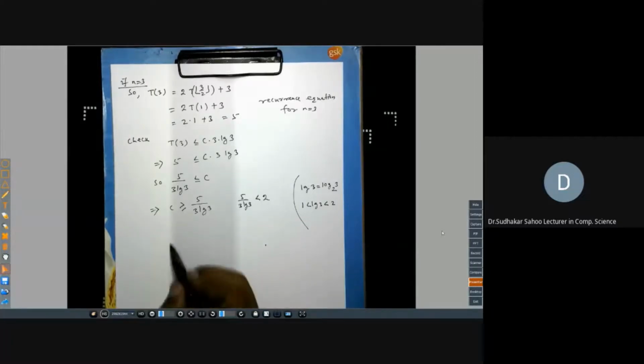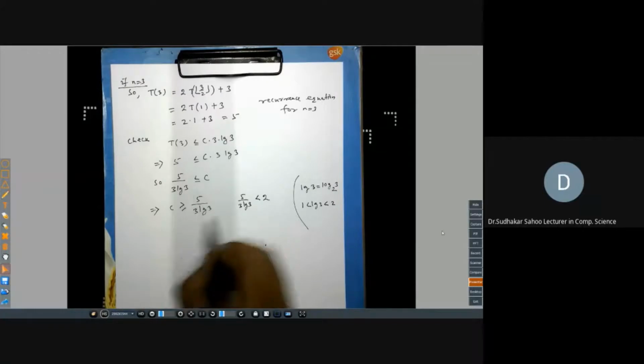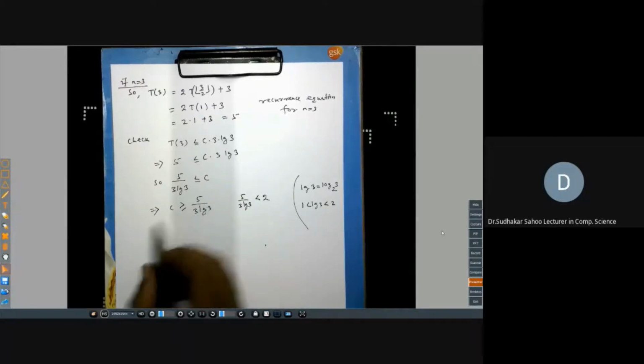This will be less than 2, right? So you can choose a positive C value. This is your C value, which is greater than 0. Okay.